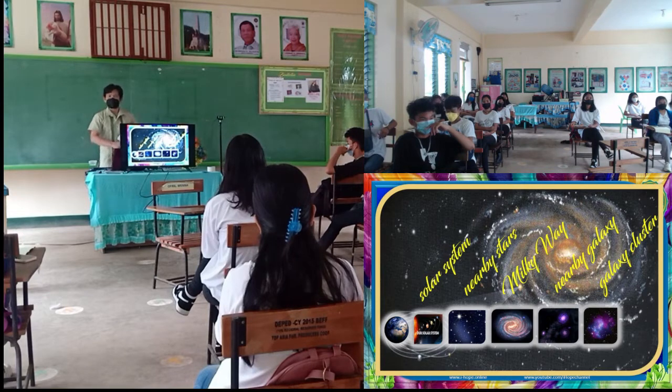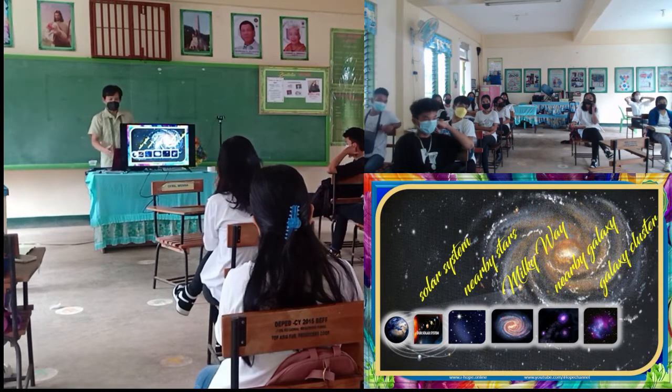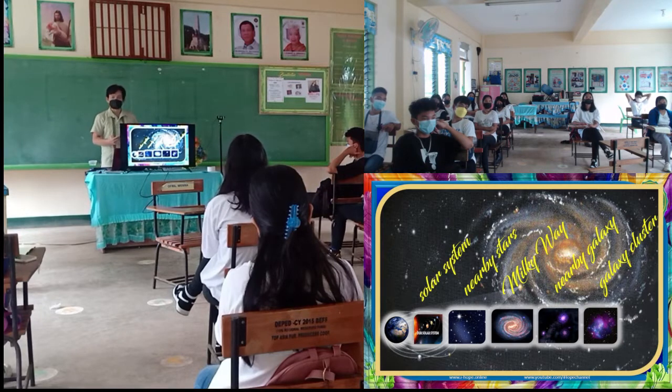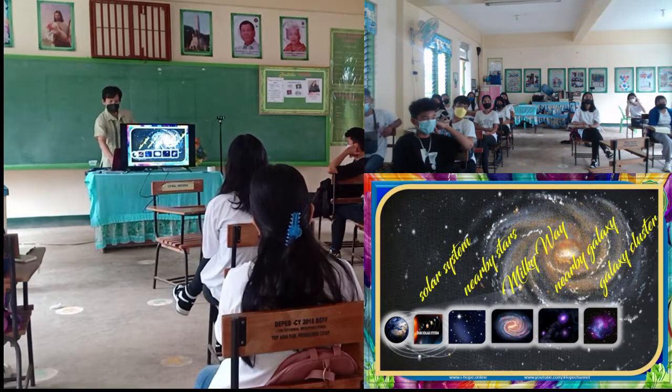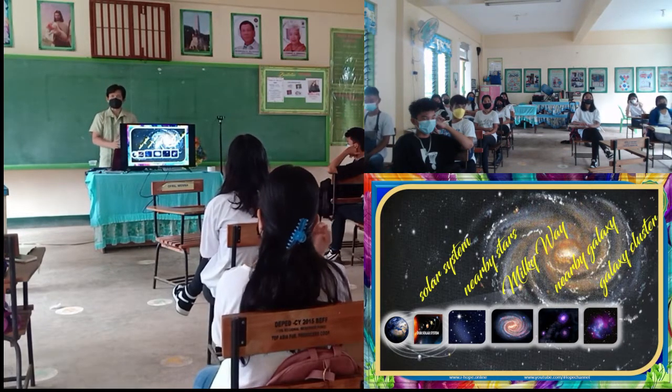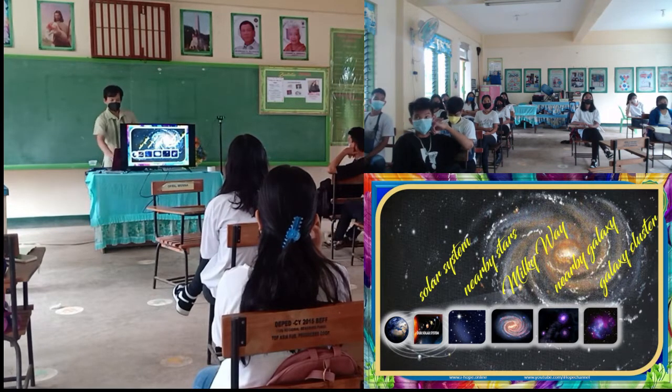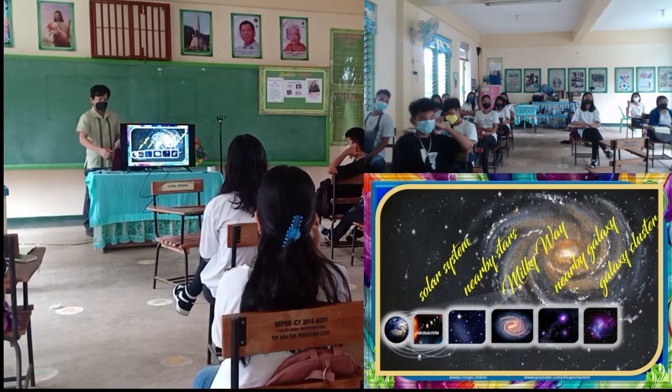There is a Milky Way, this one in the picture, which is a galaxy in which our solar system is part of. And then, aside from the Milky Way, there are also many galaxies. We have nearby galaxies near the Milky Way, and there are also super clusters of distant galaxies.